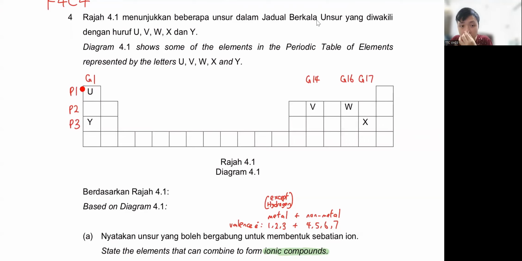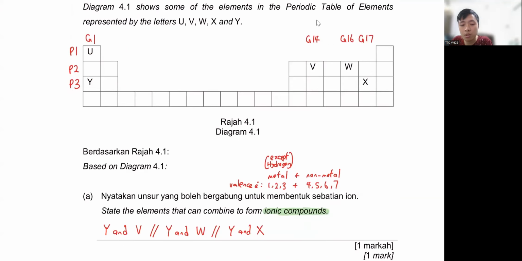This one is considered non-metal. So the only possible metal is here as well. Why only this metal? So non-metal has 1, 2, 3, 4. But why won't it react with you? Doesn't seem right.